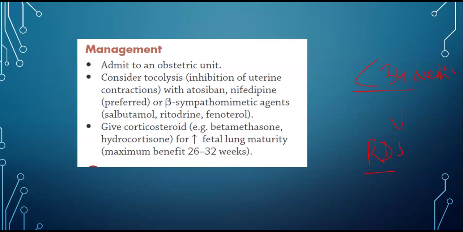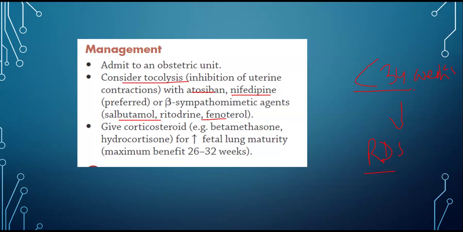So that's where you get the tocolytic agents. Tocolytics are medications which can inhibit the uterine contraction. So we have nifedipine, we have salbutamol. Any of these can be used to prevent contraction. If contraction can be inhibited, then most likely you can also prolong the pregnancy.